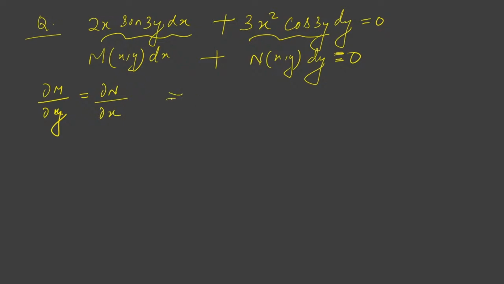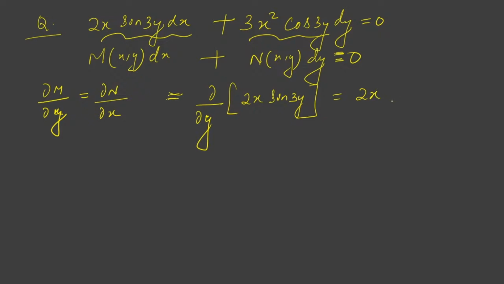So let us differentiate m with respect to y. So del by del y of 2x sin 3y. So 2x will be your constant, right? So 2x comes outside.